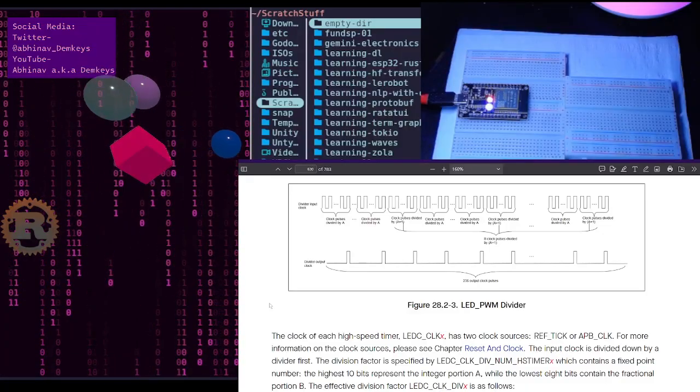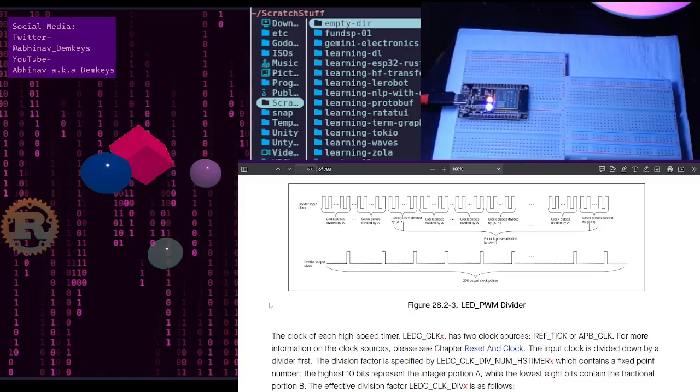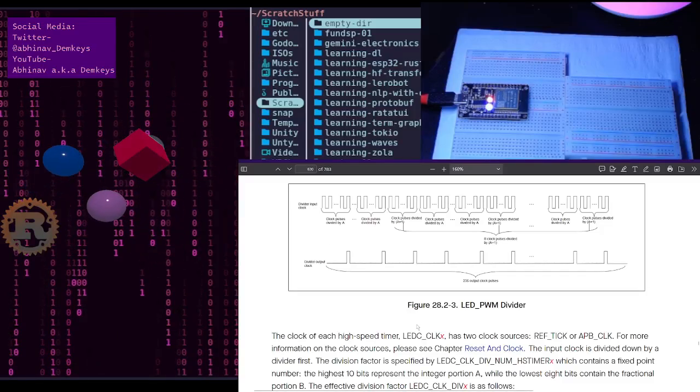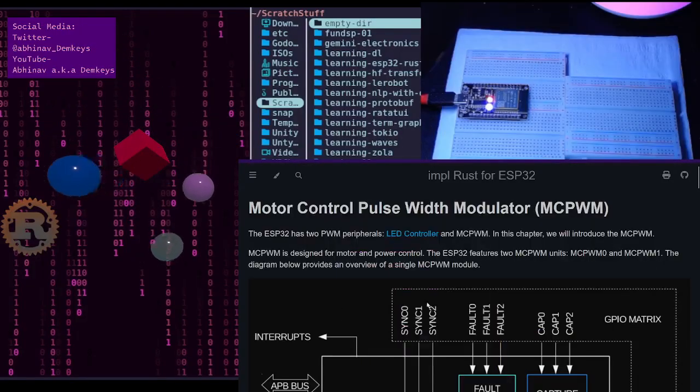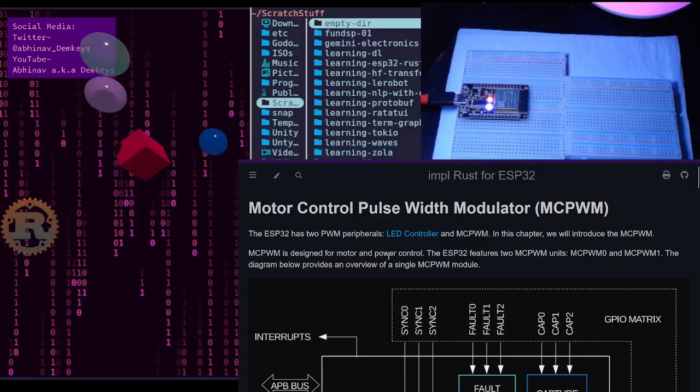Maybe the divider is also going to be mentioned here, because it does mention LED PWM divider. So that's why I was thinking maybe the clock divider will be mentioned here. Maybe I could close this because this is probably a different section. It says it has two PWM peripherals. One is the LED controller and one is the MC PWM controller.